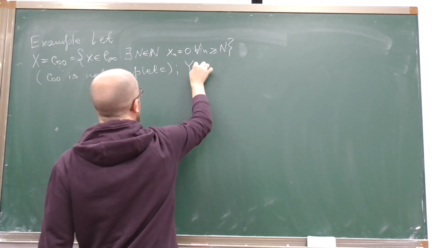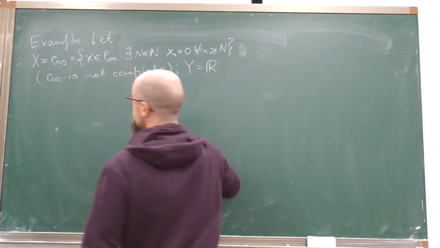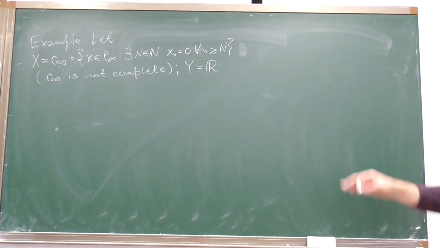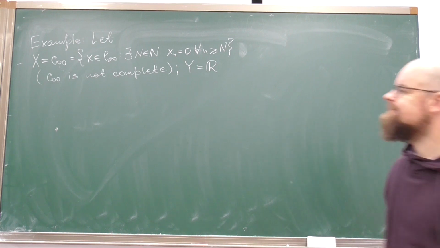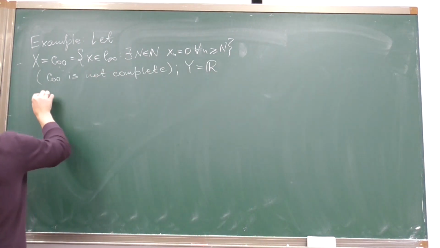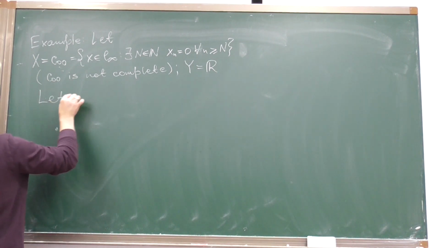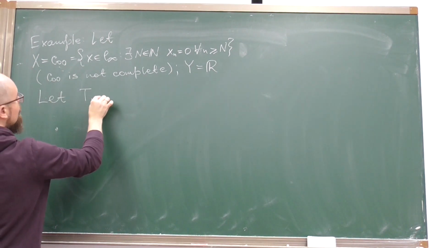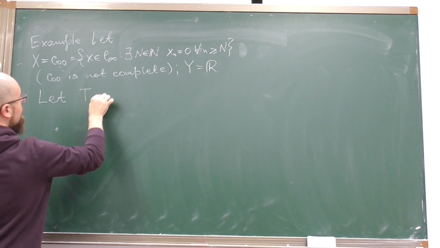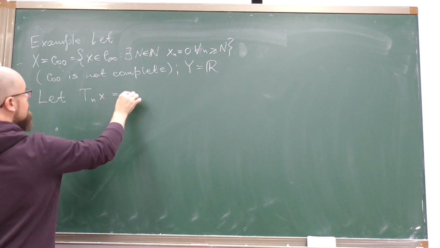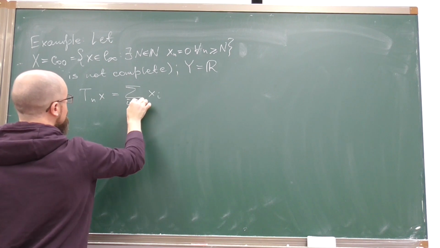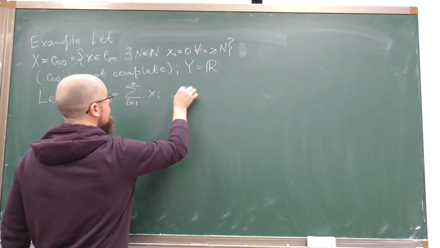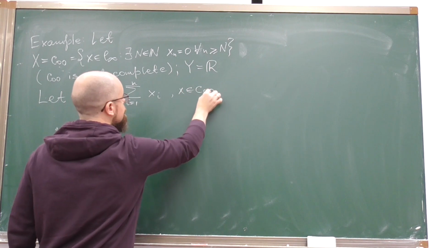And let Y be the set of real numbers. Instead of constructing the operators T_n, we will consider the functionals, which are a particular form of the operator. Let T_n of x be the sum of x_i from i equals 1 to n for every x from c00.